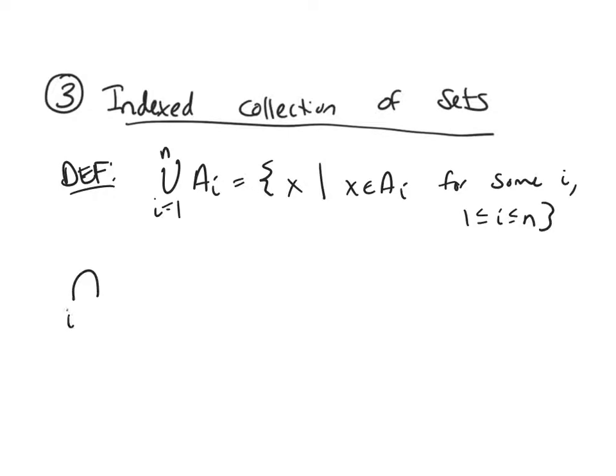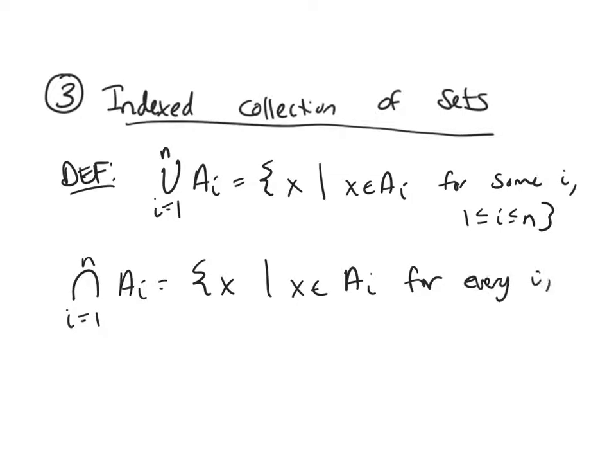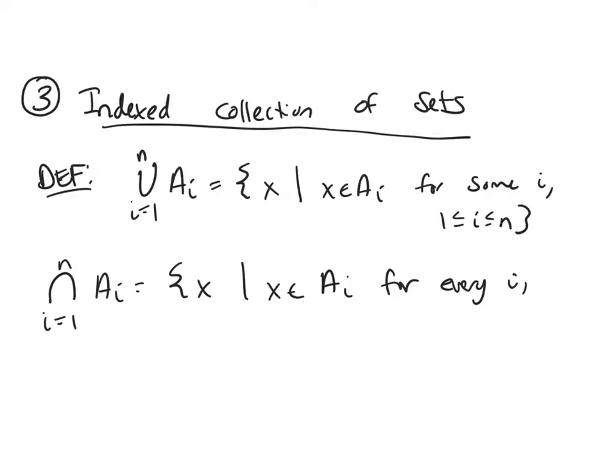And then the intersection means that it had to be in every set A_i, for every i, where i is between 1 and n.